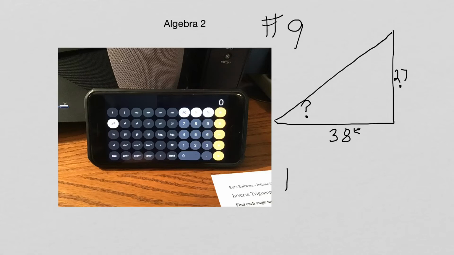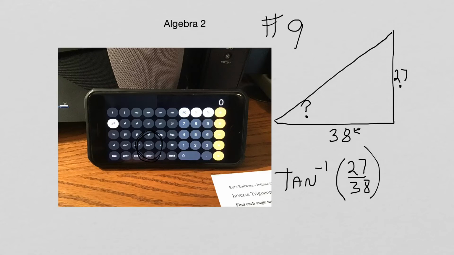So to find this angle, we're going to use arctangent, 27 over 38. On your calculator, it's sitting on its side like you see in this picture. You type in 27 divided by 38, and then just go down and hit the arctangent button.